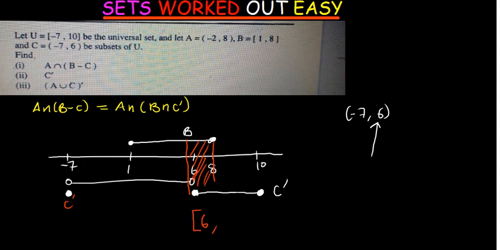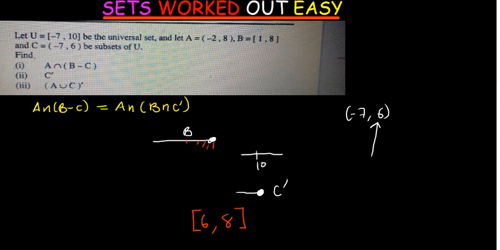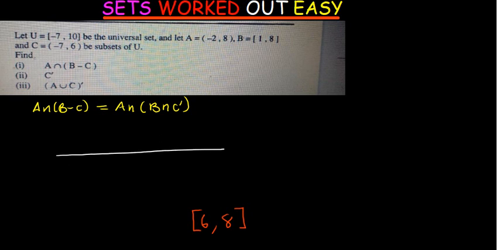And then 8 is in B. It is also in C complement, so it is also going to be included. So like that. So this is B intersection C complement. I'm going to write another number line where I'm going to put that from 6 up to 8. This is B minus C, which is also B intersection C complement.